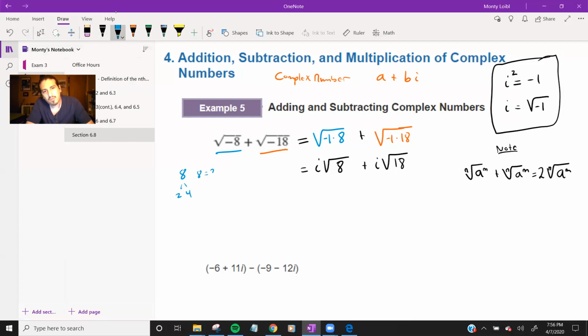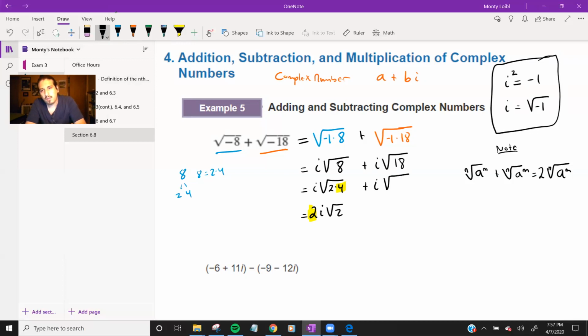So if 8 is equal to 2 times 4, our perfect square is 4. That means that we're going to have 2i times 2, times the square root of 2, with this 4 coming out as positive 2. Our square root of 4 coming out as positive 2.